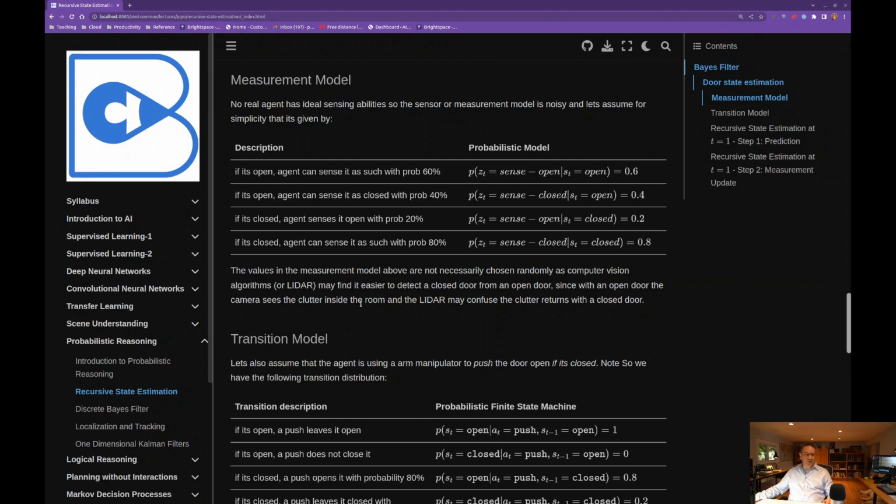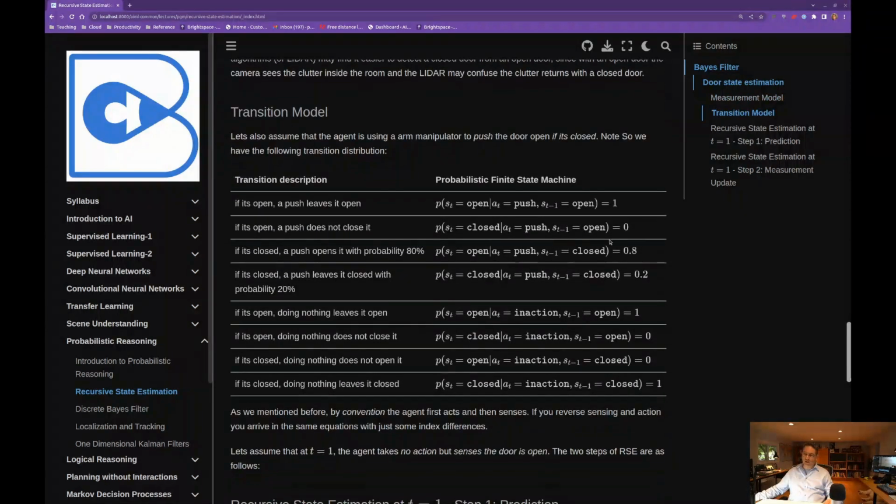And now let's transition to the transition model. In the transition model, we will see two variables which are being conditioned, and because of that, we will expect to see a much longer table. The transition requires a specification of an action.